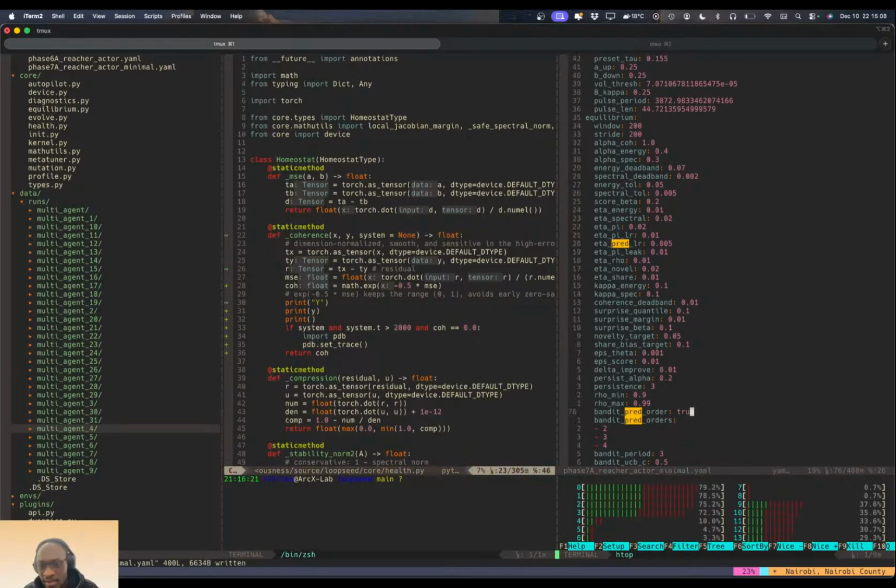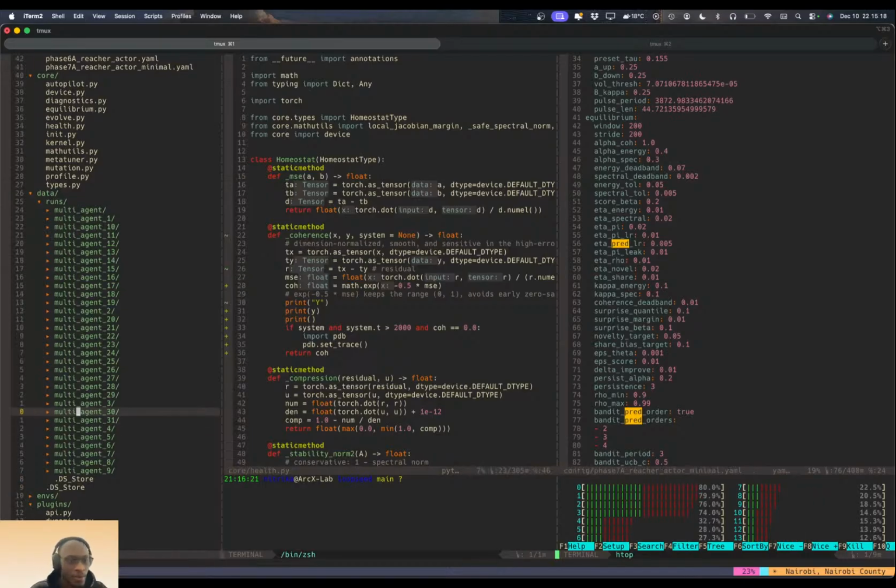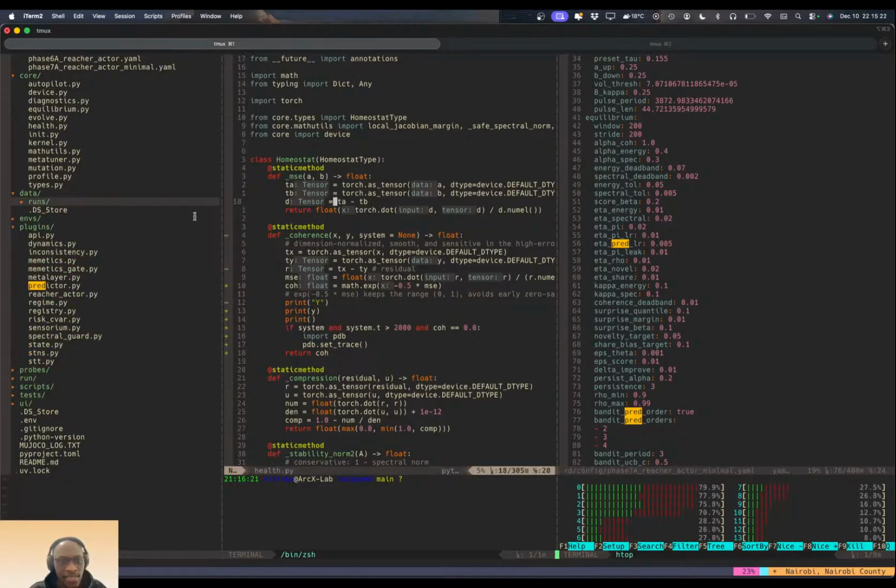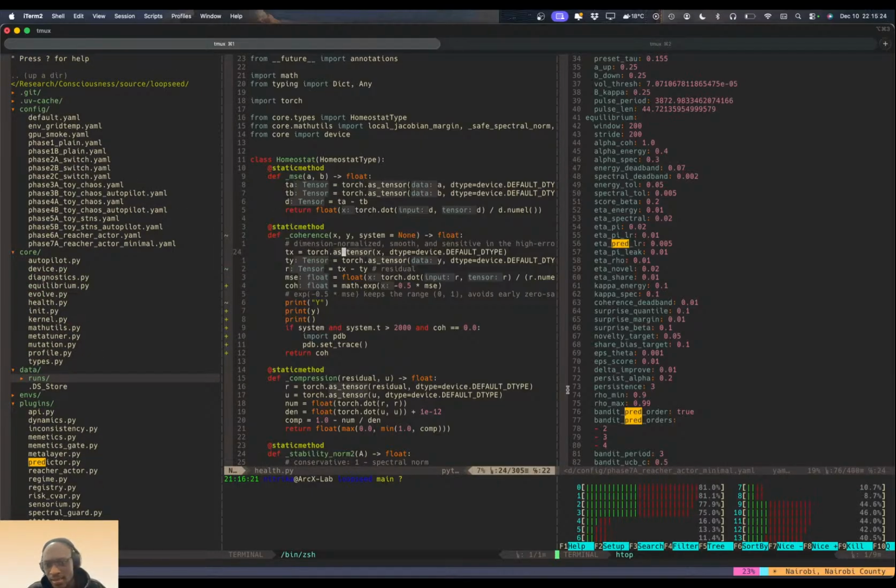The bandit, let me just show you in the code how many agents, sorry, how many agents or what. Let me find it. It should be in the equilibrium.